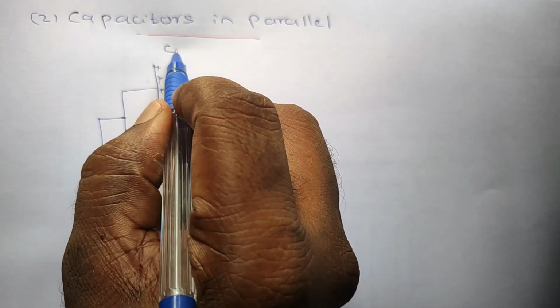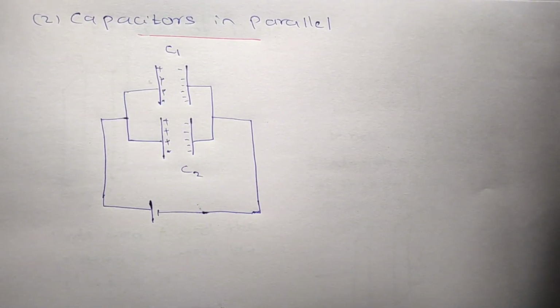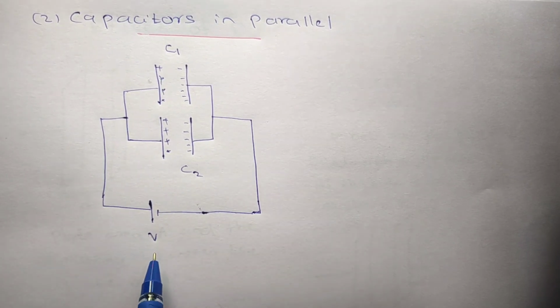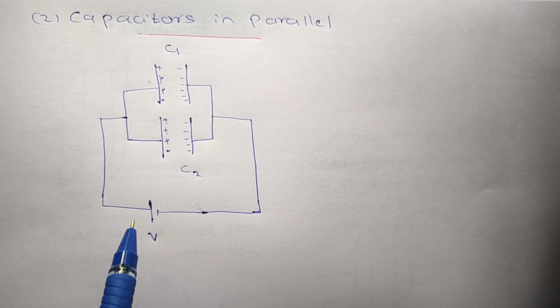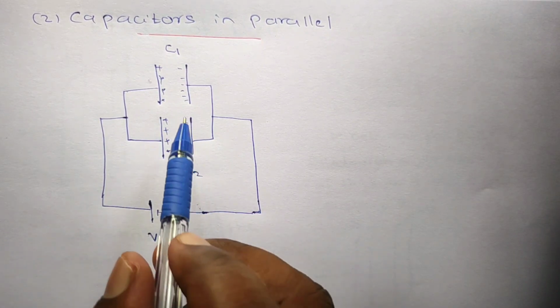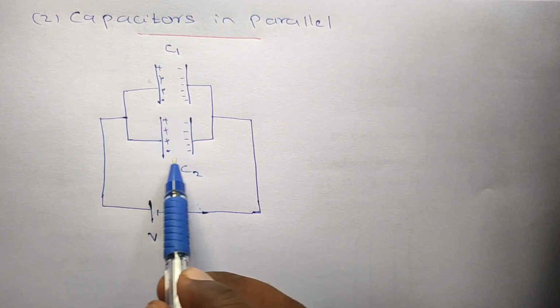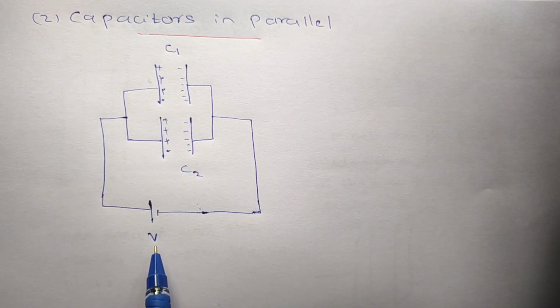The capacitance of the first capacitor is C1 and the capacitance of the second capacitor is C2. Clear? So the potential difference is V, and the potential difference across the C1 capacitor is V, and the potential difference across the C2 capacitor is V, because they are connected in parallel.